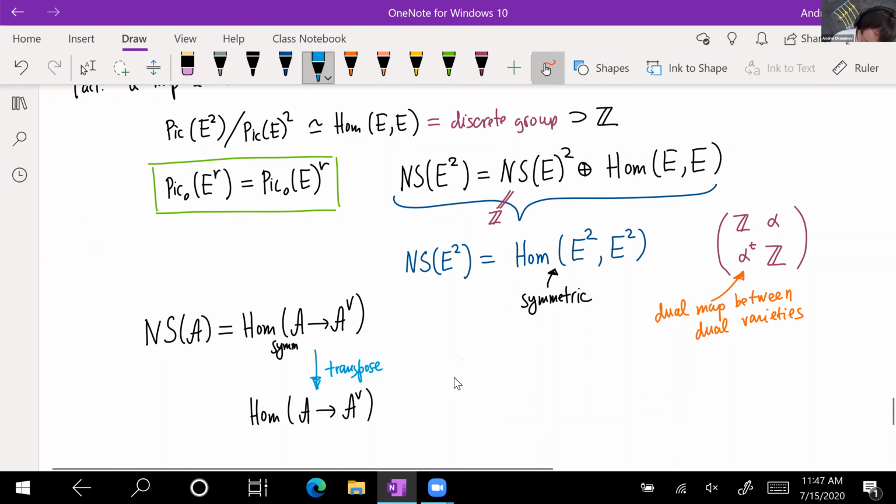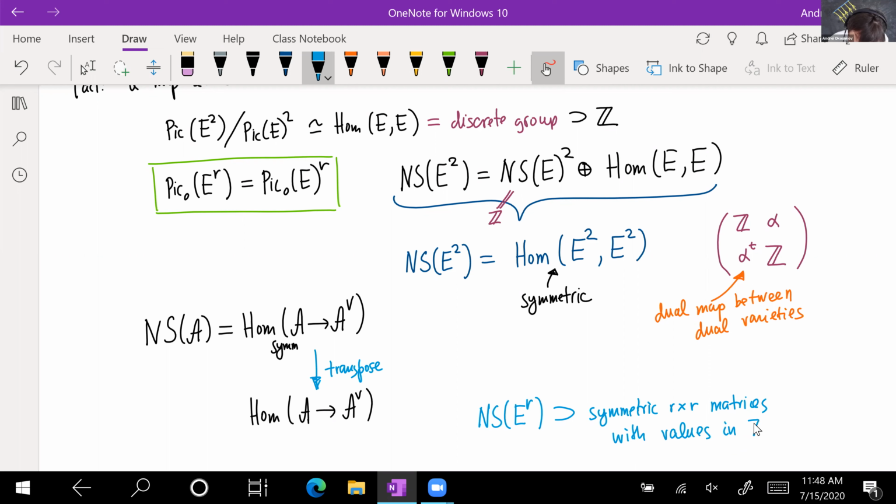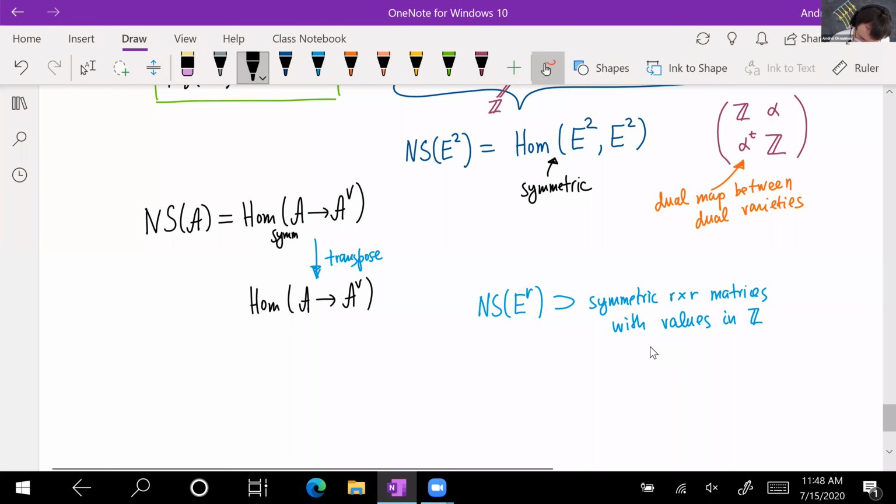So in general, the Néron-Severi group of R copies of S always contains symmetric R by R matrices with values in Z. So this is the same as integral quadratic forms.